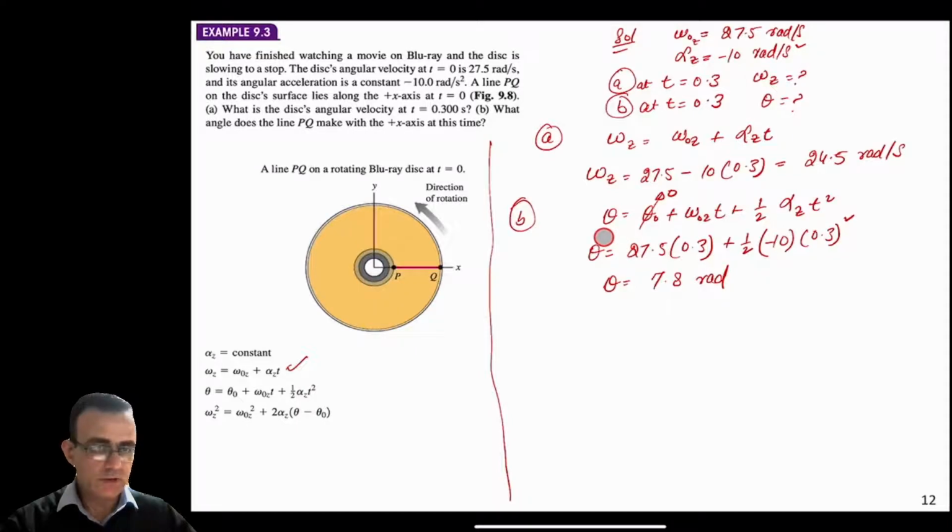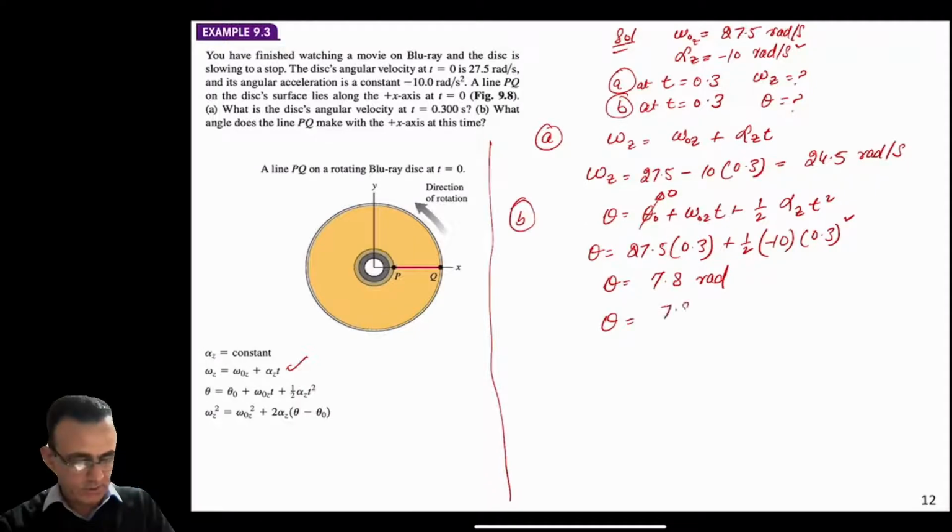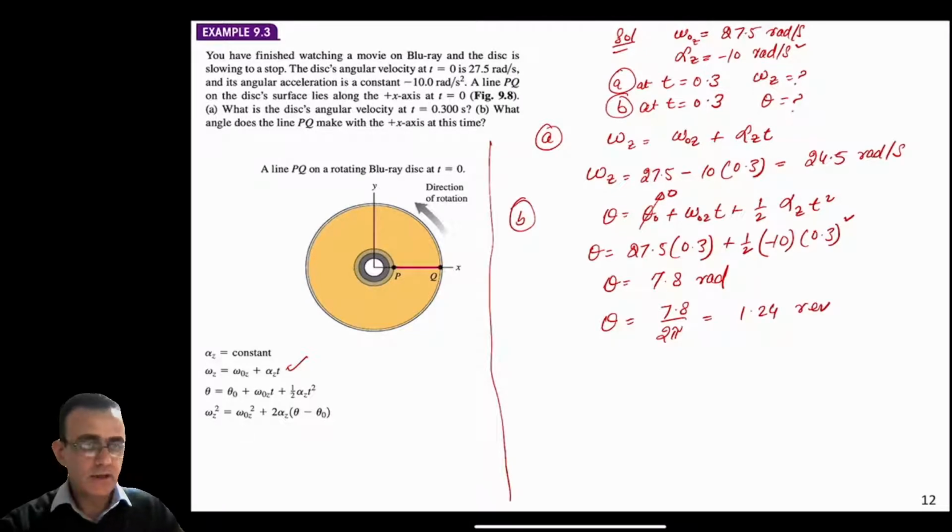You can also convert this into revolutions. Theta will become 7.8 divided by 2 pi, which is 1.24 revolutions. And you can also change this to degrees. 1 revolution is equal to 360 degrees, plus 0.24 into 360.